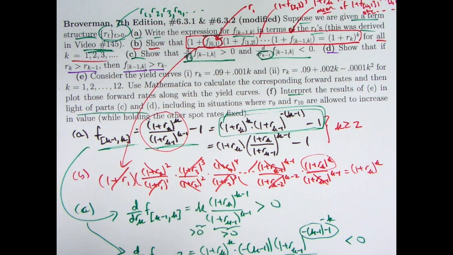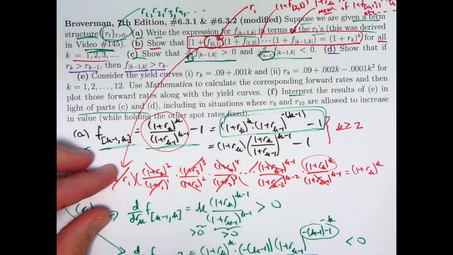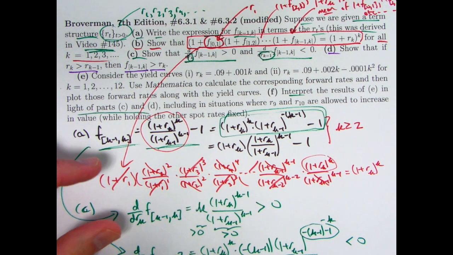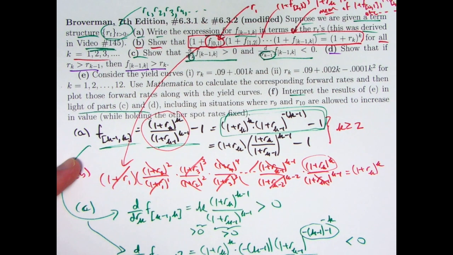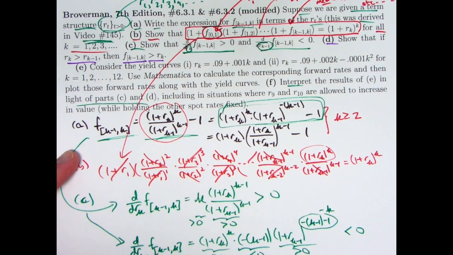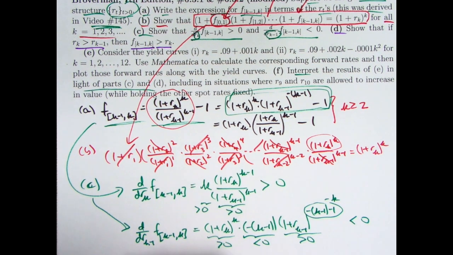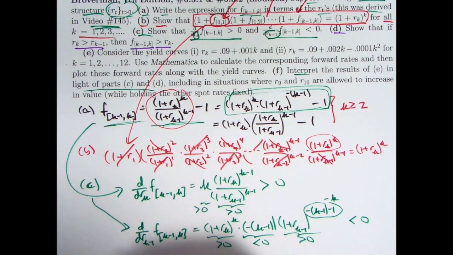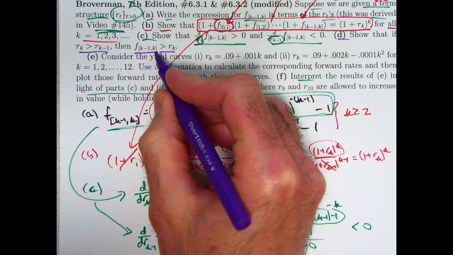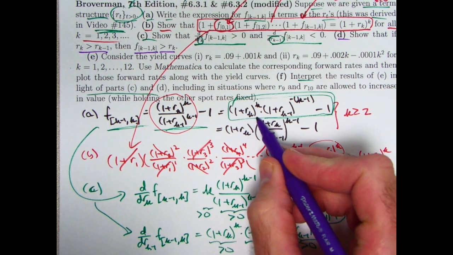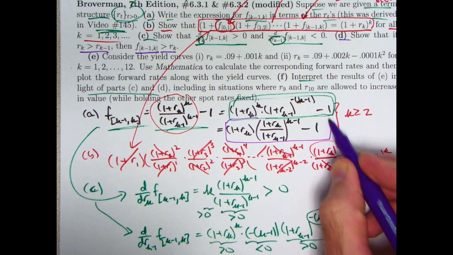And again, remind yourself what the spot rates represent, at least the way we're thinking of it. rk represents an effective annual yield on a zero coupon bond with term k years. This forward rate is going to be greater than that. Okay, which sounds like a good thing, and it could be a good thing for your investments. Okay, show that if this is true, then this is true. That's going to be where this form of the formula comes in handy.